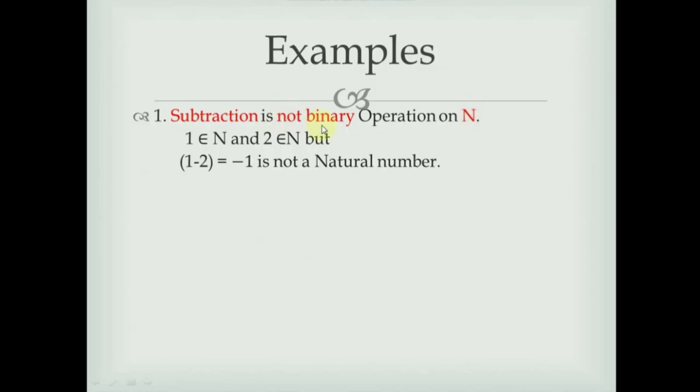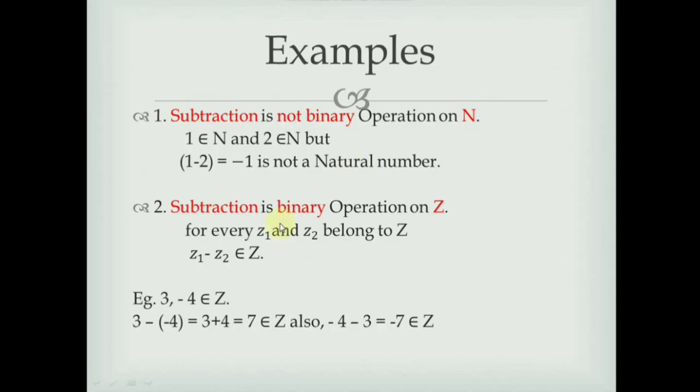But if you want to prove that some property does not hold on that set, then it is sufficient to show that this property doesn't hold for one single pair of elements. So here we will take 1 belongs to N and 2 belongs to N, but 1 minus 2 is equal to minus 1, which does not belong to N. That's why subtraction is not a binary operation on the set of natural numbers. But subtraction is a binary operation on the set of integers.